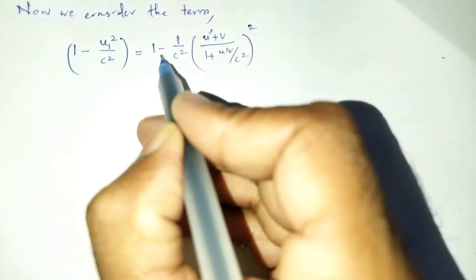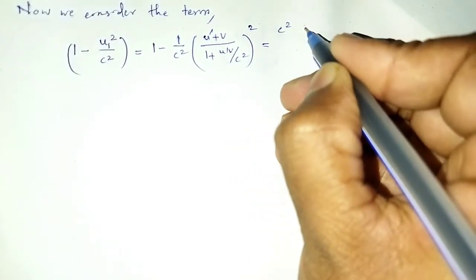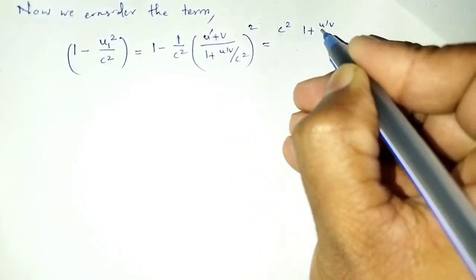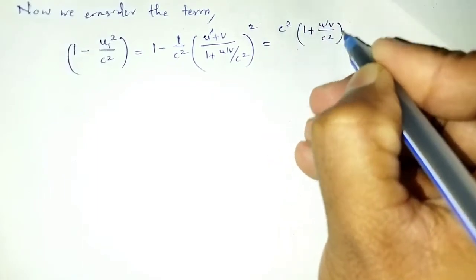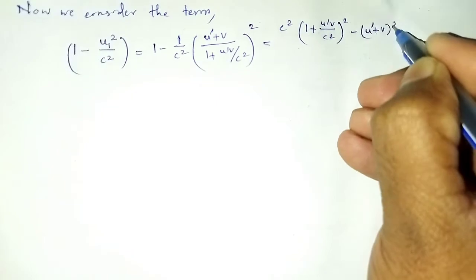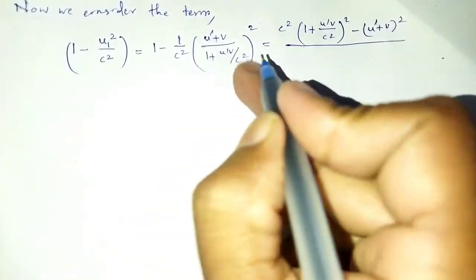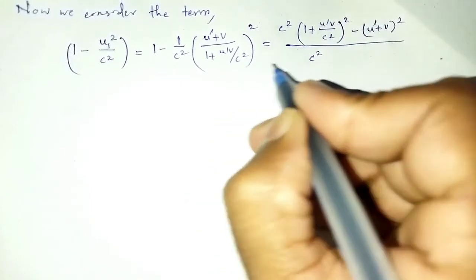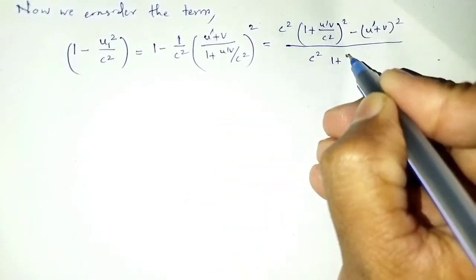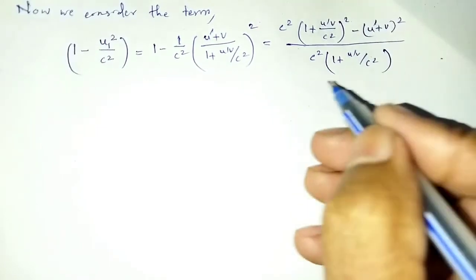By taking the LCM and simplifying this, we find that it is c square of 1 plus u'v divided by c square whole square minus u' plus v square, divided by this term, that is LCM c square 1 plus u'v divided by c square.